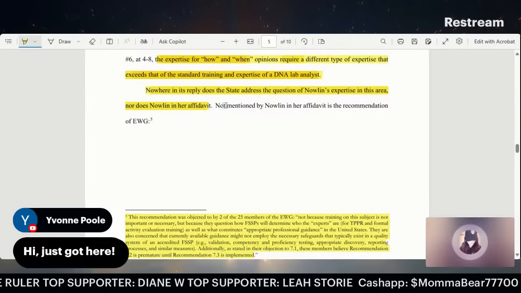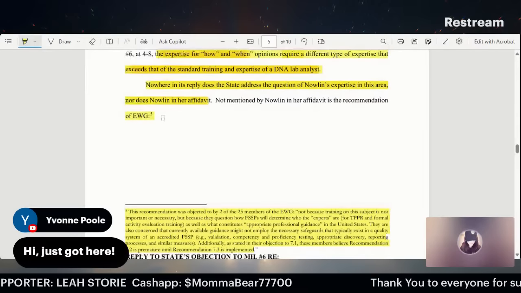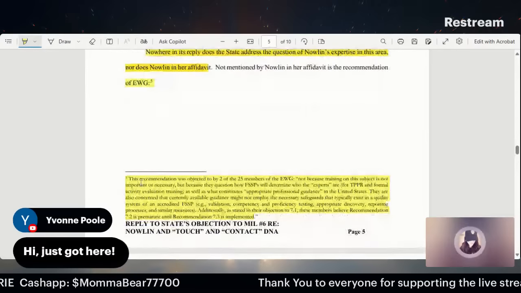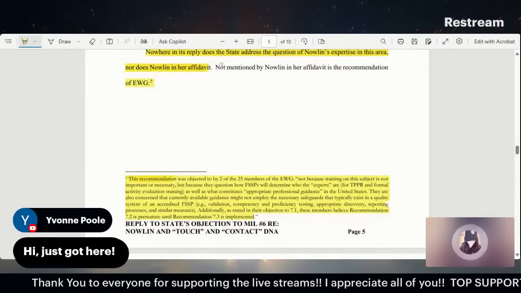Not mentioned by Nowlin in her affidavit is the recommendation of EWG. Interesting. So footnote 5, right here.